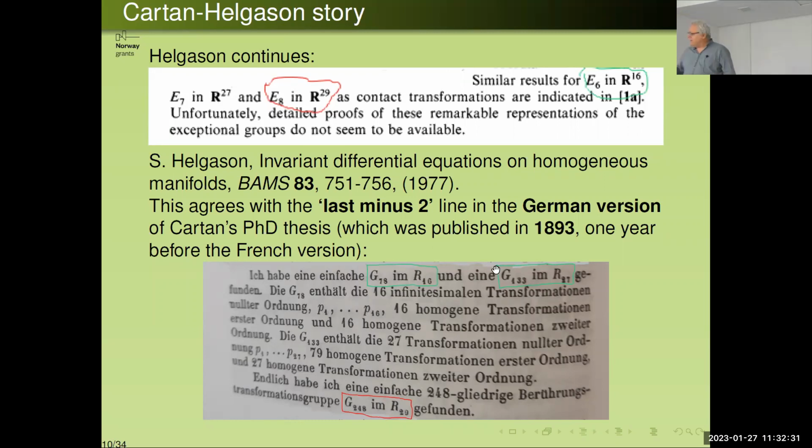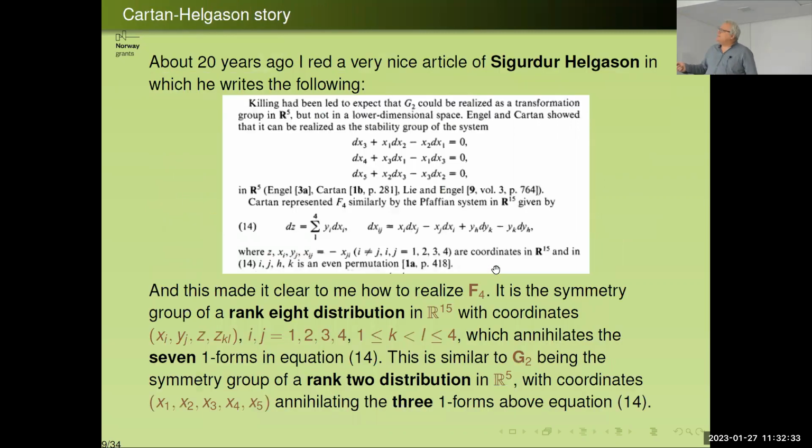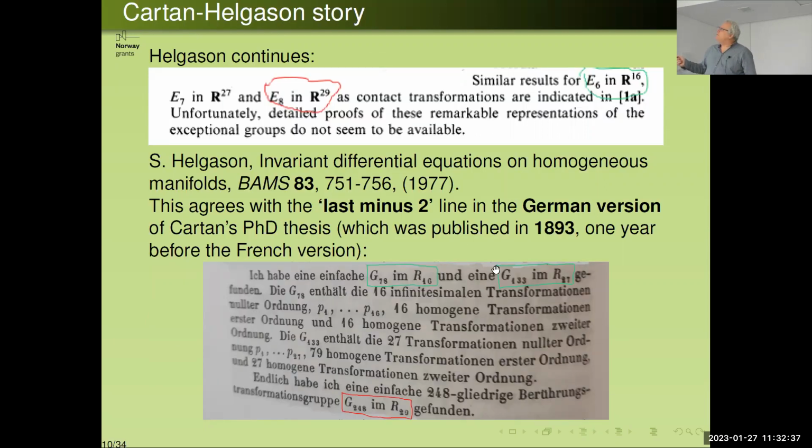So Helgason says that similar realizations like those for G2 and F4, Cartan made also for E6, E7, E8, and these realizations are in dimensions 16, 27, and 29. Then Helgason writes, unfortunately, detailed proofs of these remarkable representations of the exceptional groups do not seem to be available. Okay.